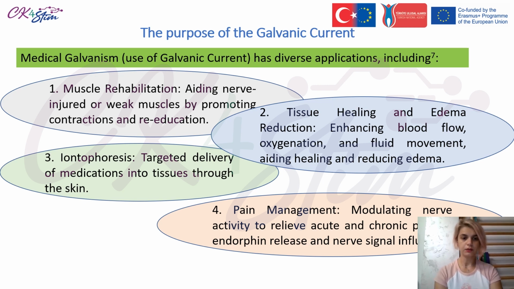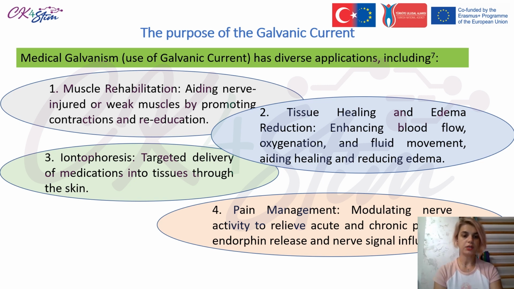In the case of medical galvanism, or the use of galvanic current modalities, it employs direct current to achieve specific therapeutic effects. Using this current provides targeted and contralateral therapeutic effects to enhance patient outcomes.